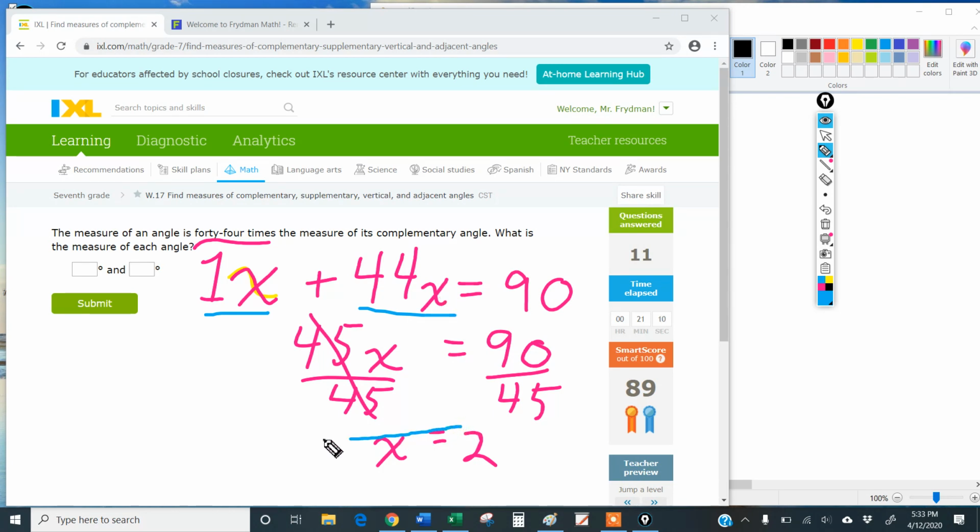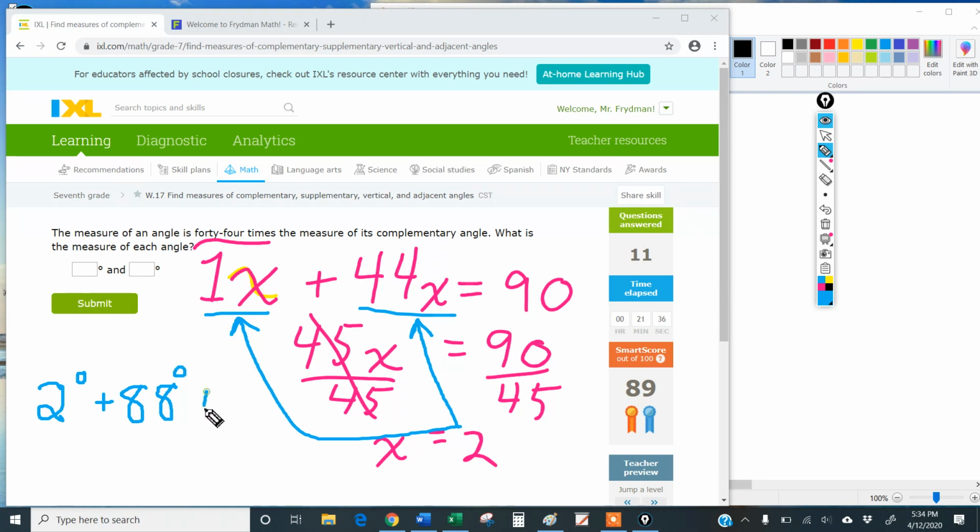So again, one angle is just 1 times 2, so that's just 2 degrees. And the other angle is 44 times 2, which is 88. So does it make sense for my angles to be 2 degrees and 88 degrees?